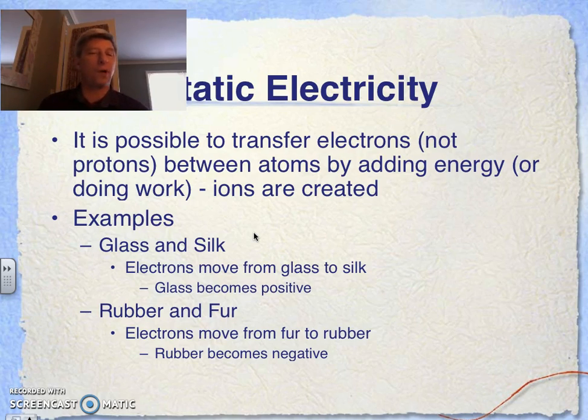If you rub a rubber rod and rabbit fur or squirrel fur, the electrons will do the same thing, except this time they move from the fur to the rubber, and so therefore the rubber rod becomes negatively charged. Right? I will demonstrate this to you. I'm praying next week if we go back to school, but we'll see how it happens. But at some point I'll show you how this works.